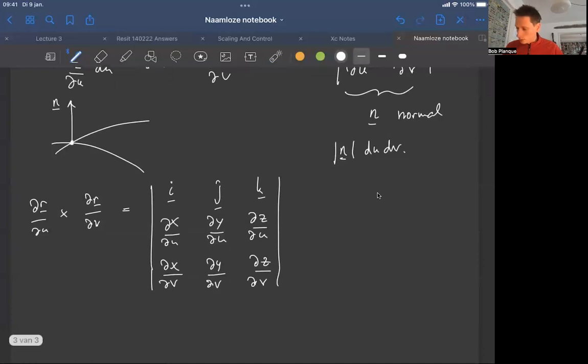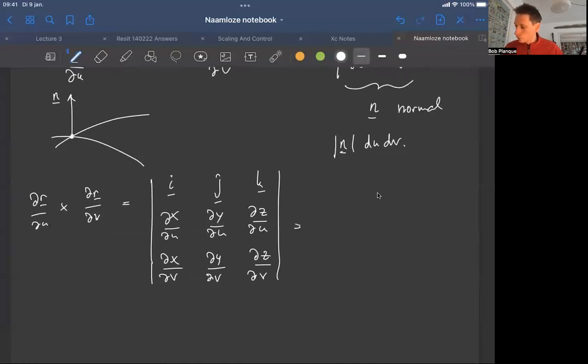So I can write it as i times this subdeterminant, which I'm going to write as d(y,z)/d(u,v).